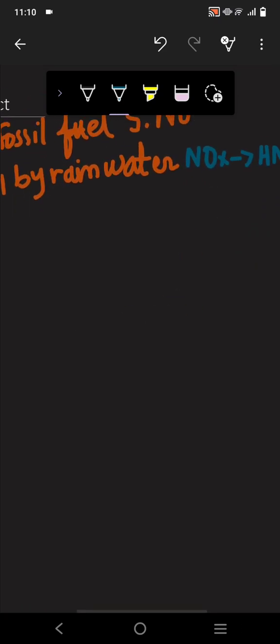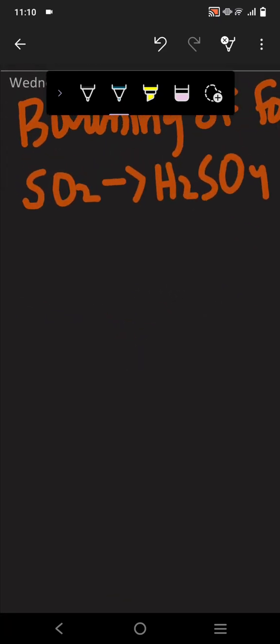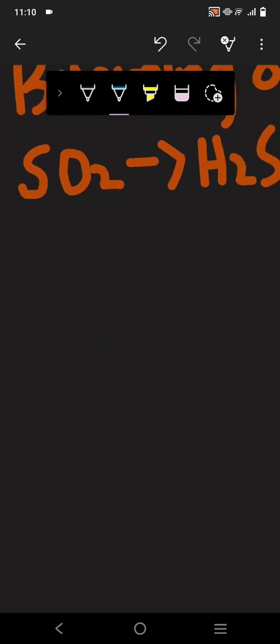NOx is, I guess, a type of particle matter that is converted into HNO2 and HNO3, again by means of the water. These are very harmful substances when they are converted.